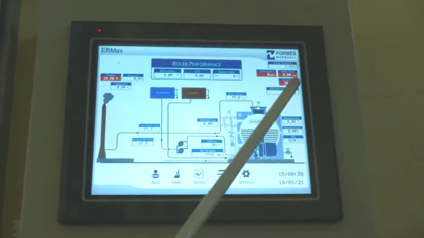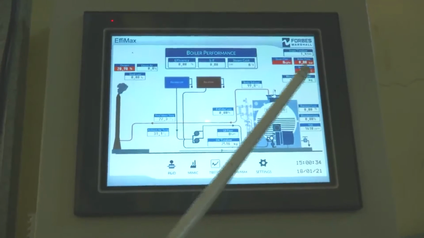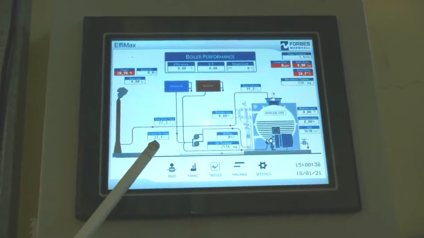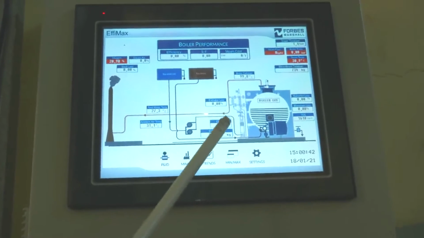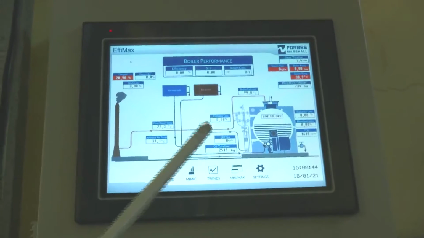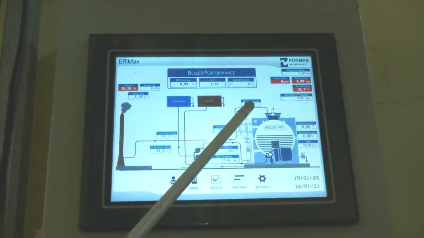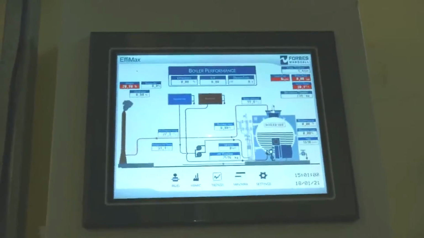Second is boiler pressure, steam temperature, and then ambient temperature. Oil flow rate is 0 because the boiler is switched off now, and this is the exhaust temperature of the boiler, 99.8 now.